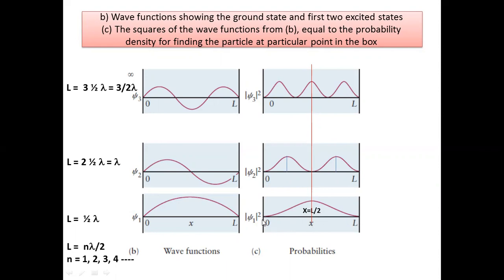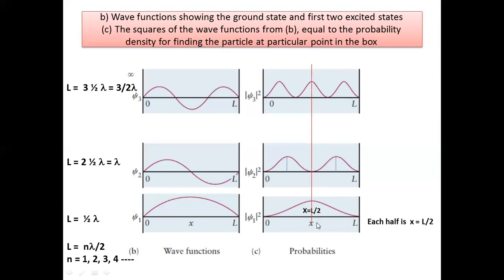That means this is the whole L, and when you divide it in two equal parts, at this position it would be L by 2. So the maximum probability of finding the electron at energy level 1 is where x is equal to L by 2, that means half of the length of the box.